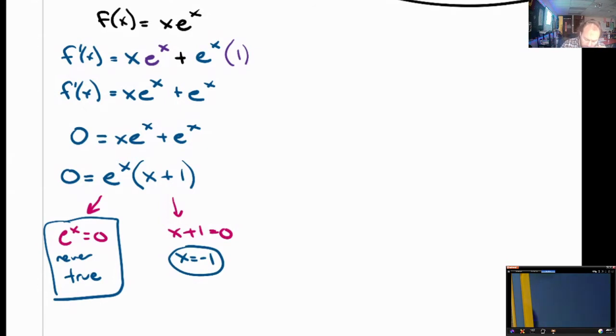So let's think about a sign chart for this problem, because if we think about f prime of x on a number line, we really are concerned about what's happening at negative 1. Let's think about what's going on before that and what's going on after that. You could just choose a number like negative 2 and plug it into f prime of x.